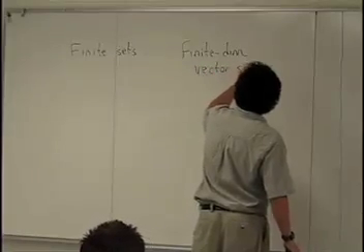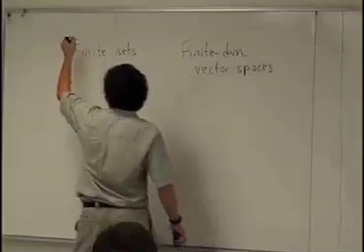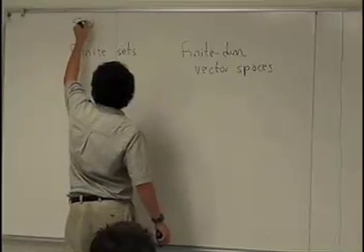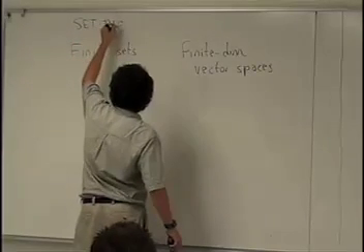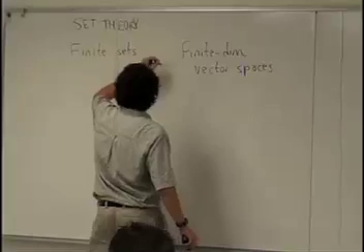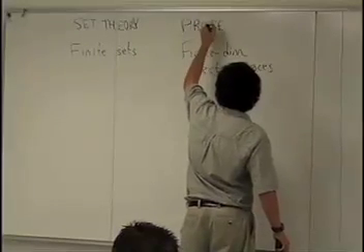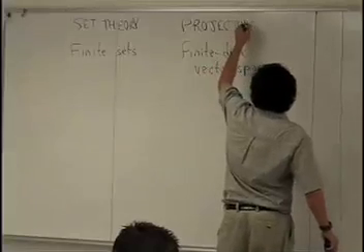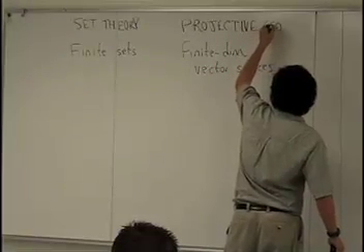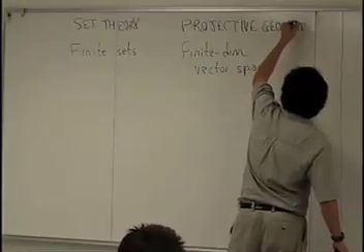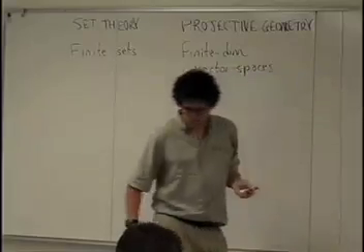And if you like, you could glamorize it a little bit and say that over here we're going to talk about set theory, limited aspects of set theory. Over here, we're going to talk about projective geometry, actually. And we're going to see a huge analogy between the two.